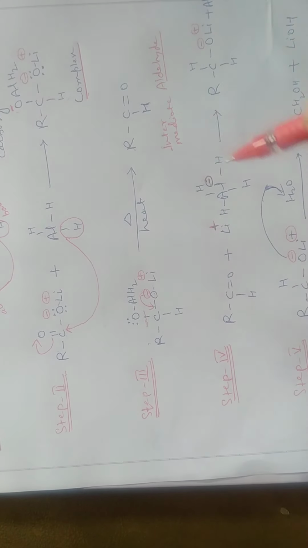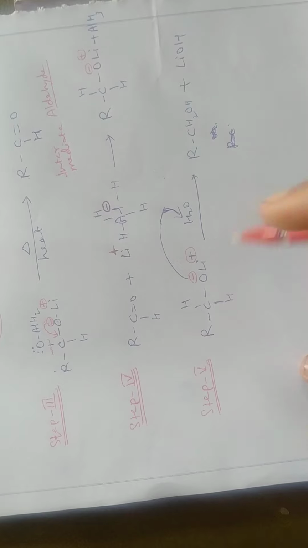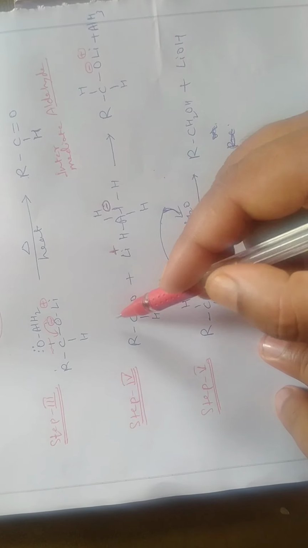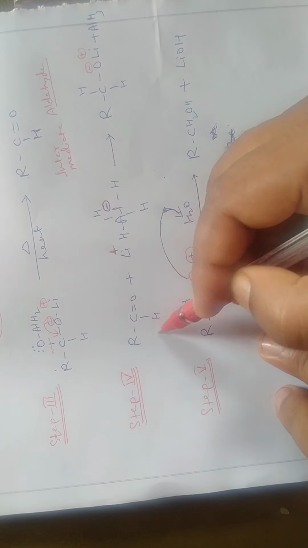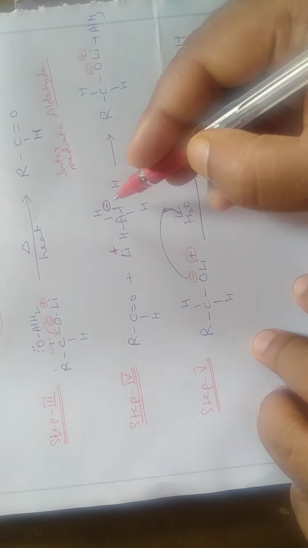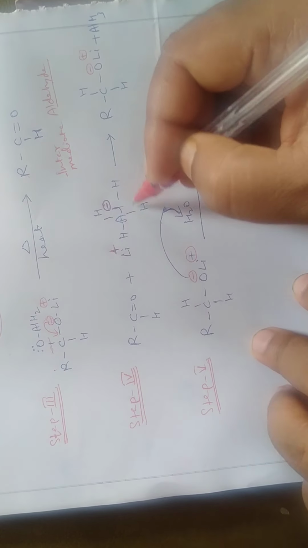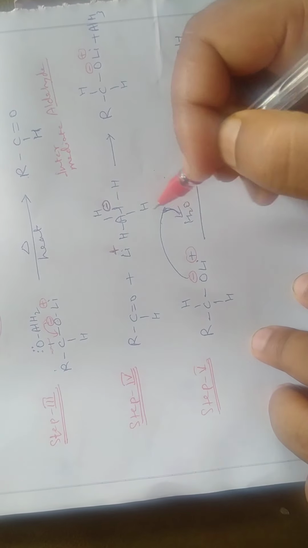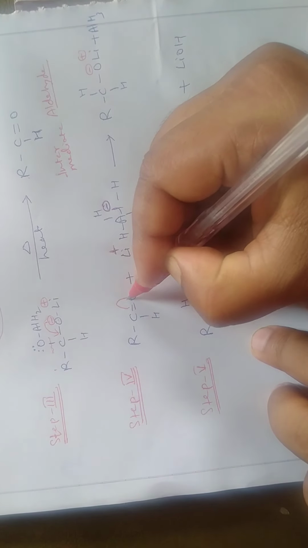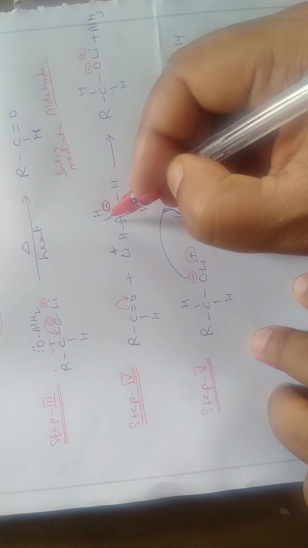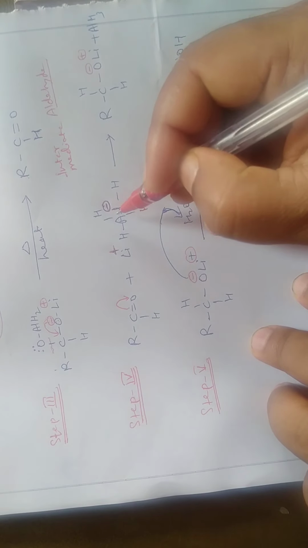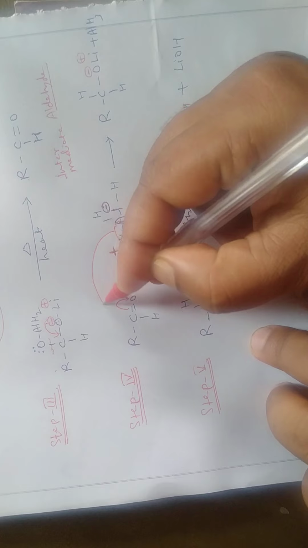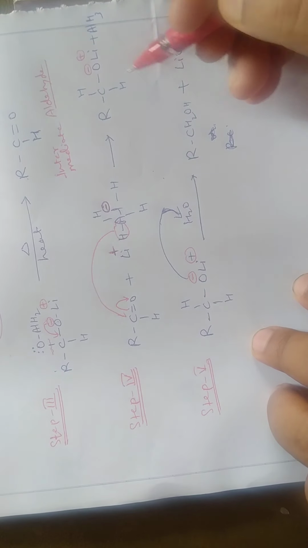Now coming to step 4, this intermediate aldehyde again reacts with another molecule of lithium aluminum hydride. As a result, what happens? Again there is oxygen and a nucleophilic attack occurs by hydride ion, this one.